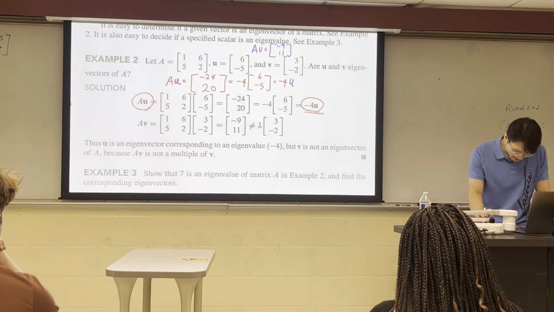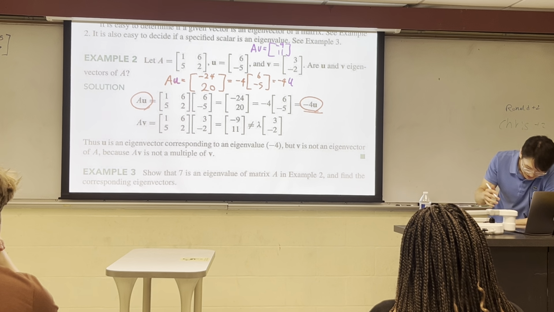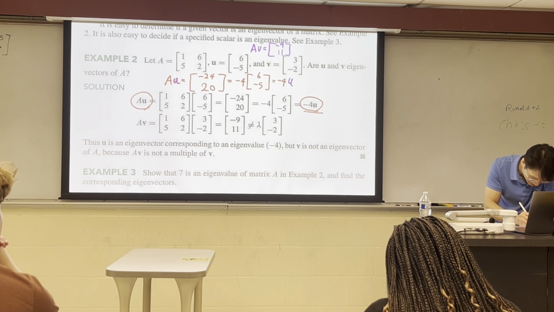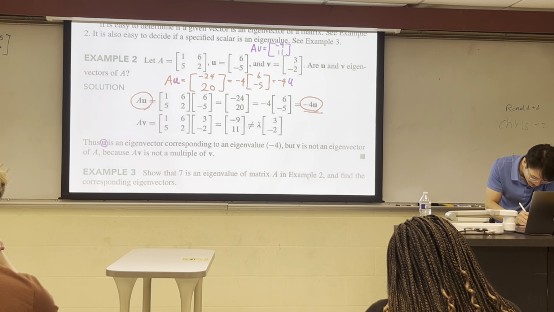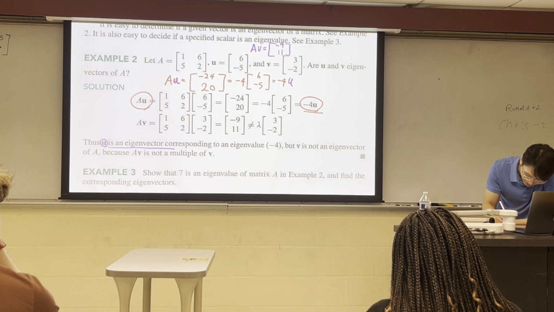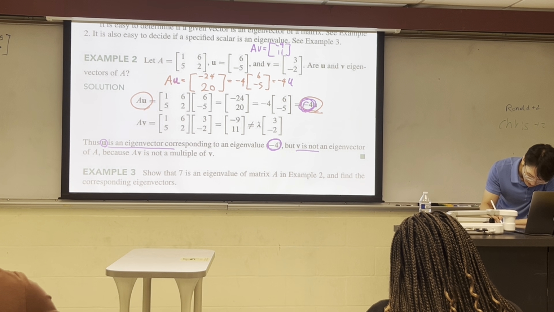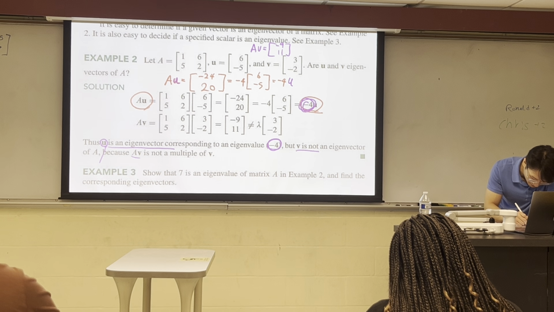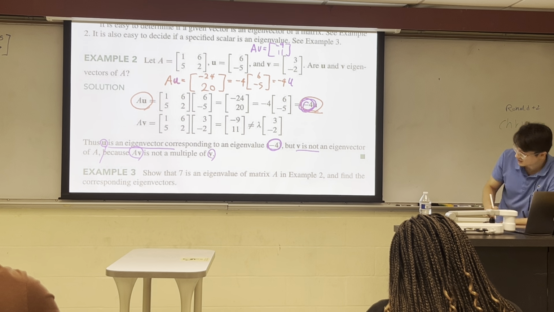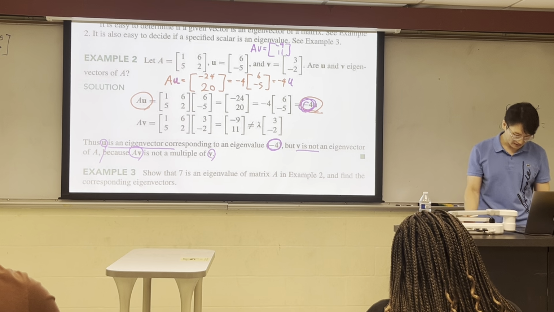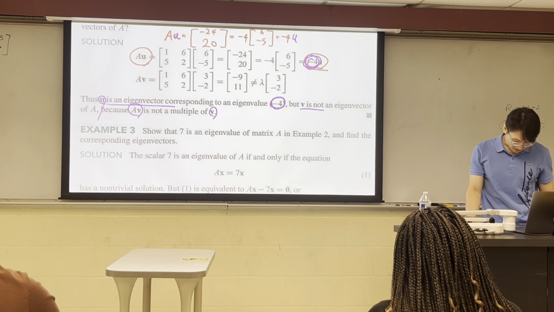So if I try to answer this question using proper math terms, U is an eigenvector corresponding to the eigenvalue -4, but V is not an eigenvector because AV is not a multiple of V, meaning a scale of V, right?